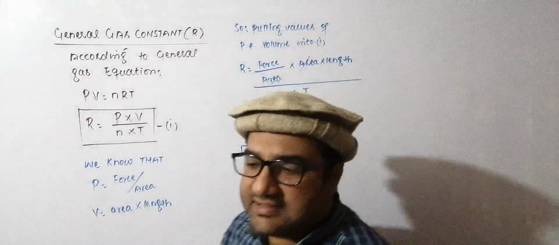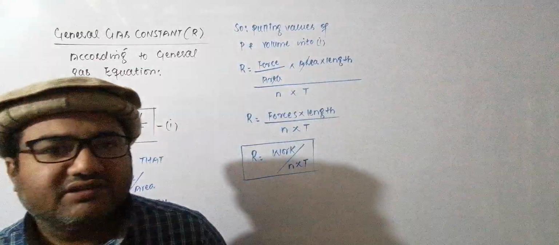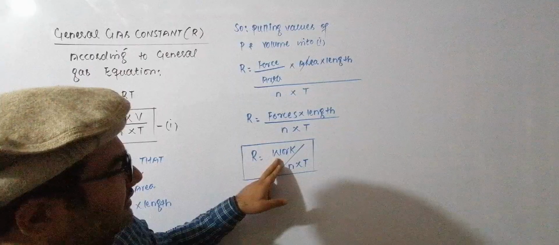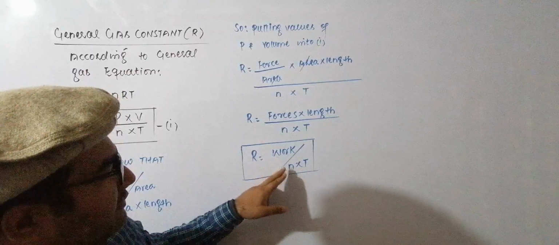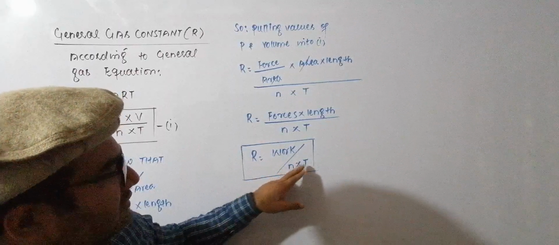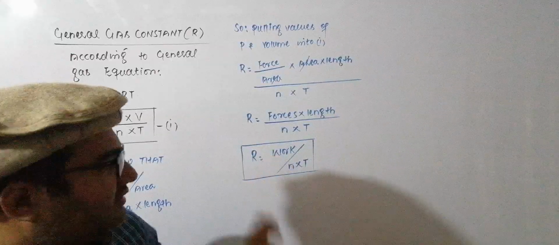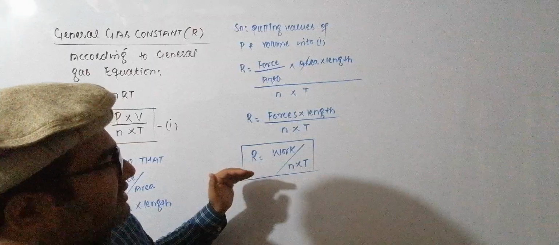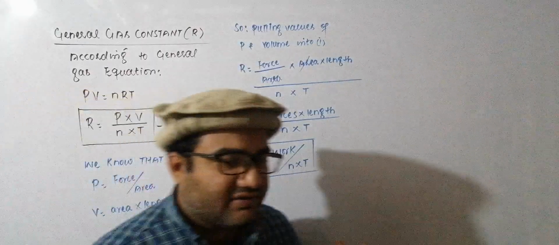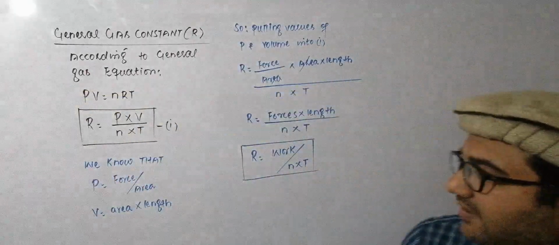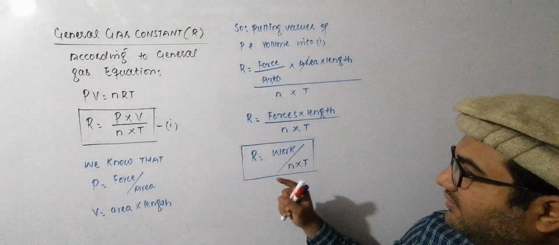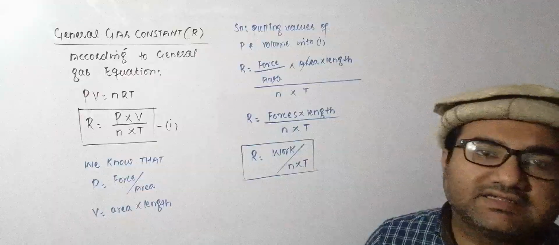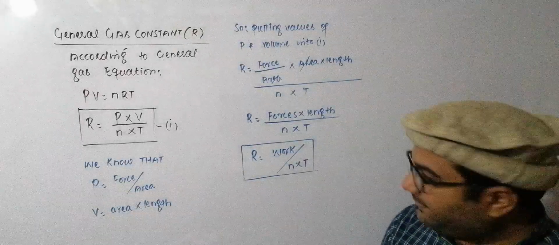This simply means that the general gas constant is the work done to raise the temperature of 1 mole of a gas by 1 Kelvin or 1 degree. So the value of the general gas constant tells us how much work we will have to do to raise the temperature of 1 mole of a gas by 1 Kelvin.